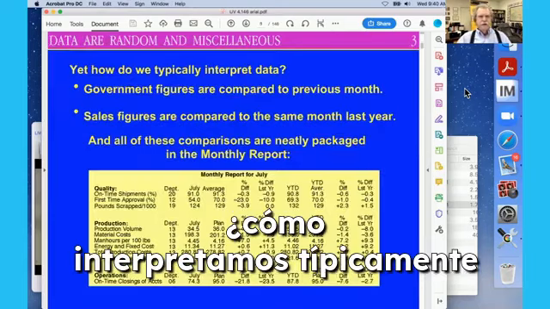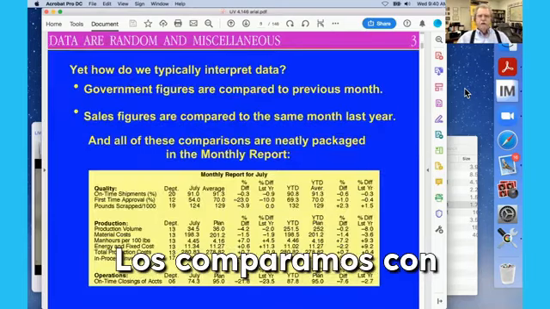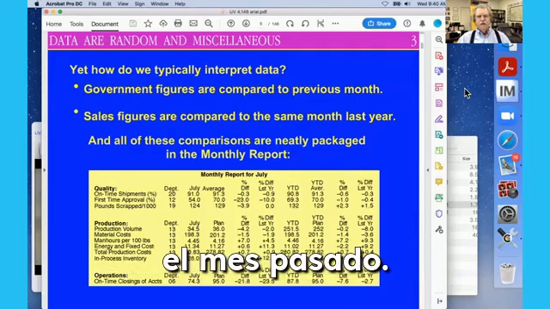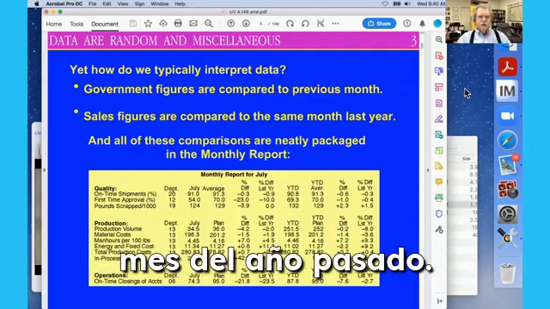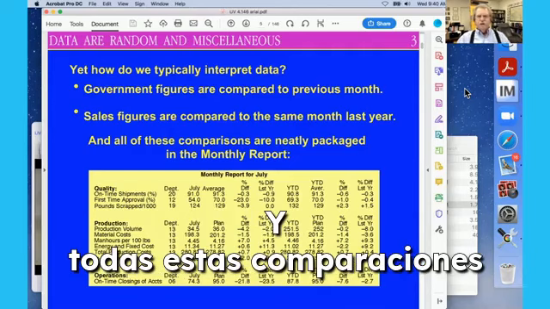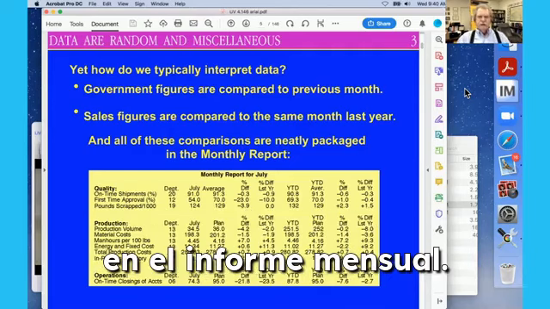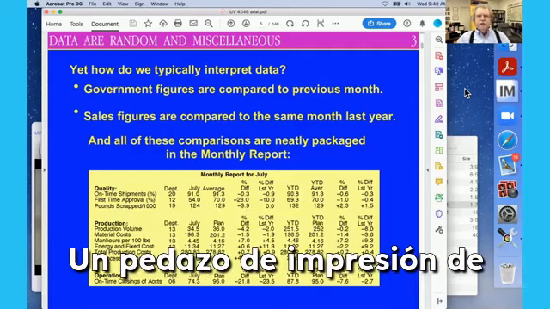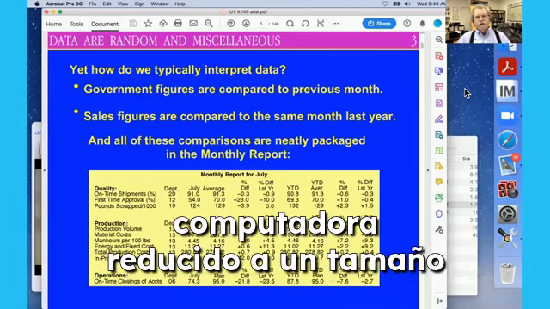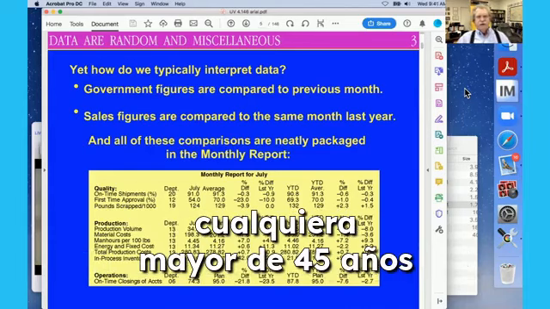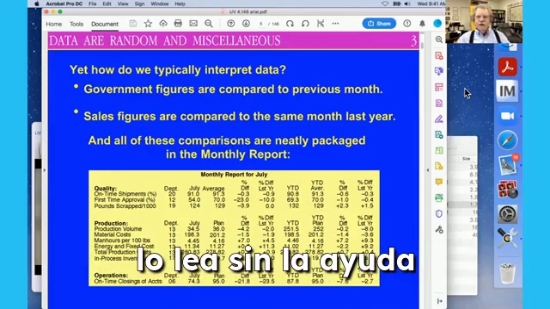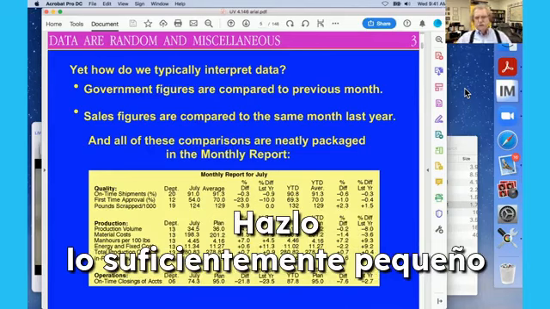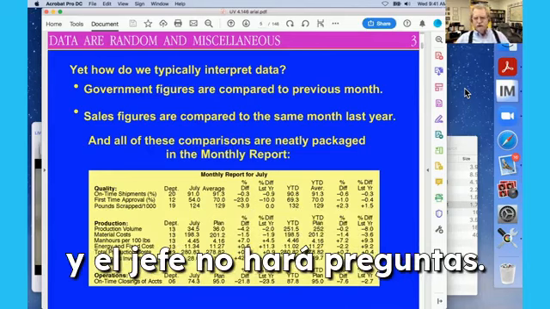Yet how do we typically interpret our data? We compare them to last month. We compare them to the same month last year, and all of these comparisons are neatly packaged in the monthly report, a piece of computer printout reduced down to a size too small for anybody over the age of 45 to read without the aid of their bifocals. Make it small enough and the boss won't ask any questions.